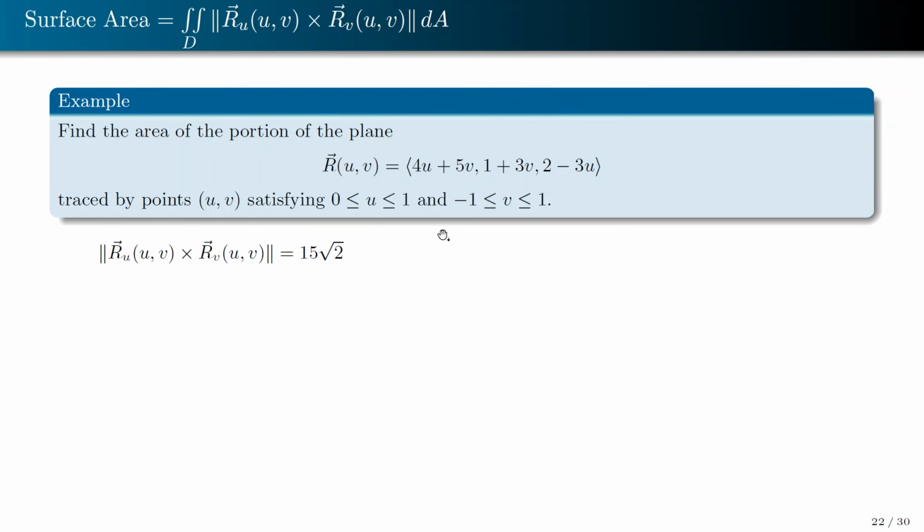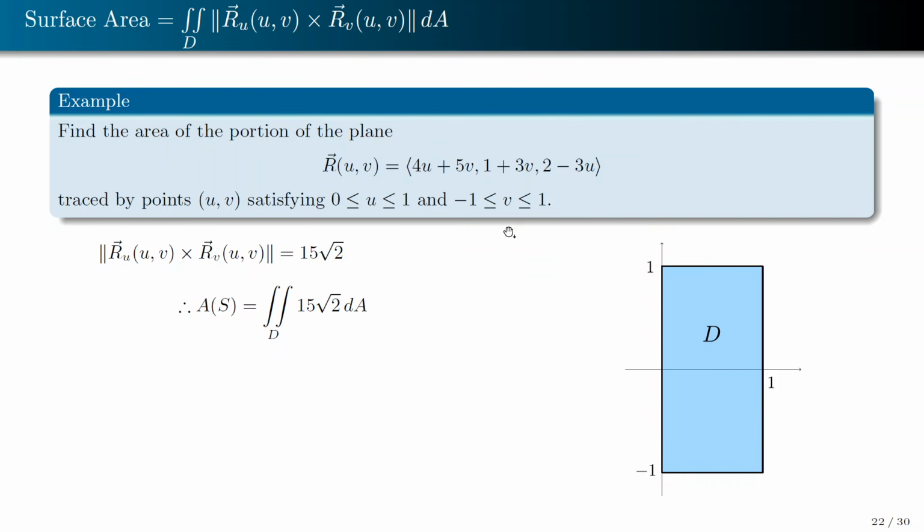So, to get the surface area na gusto nating hanapin, we just get the double integral of this 15 square root of 2 over the region D. Pero ano yung D dito sa example na to? So, dito, again, D is a region in the UV plane. So, yun yung region na dinidescribe nitong inequalities na to. Pero looking at these inequalities, since yung u bounded lang by constants and v bounded din by constants, these inequalities describe actually a rectangular region.